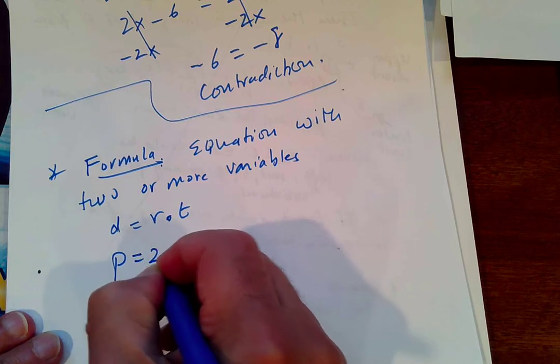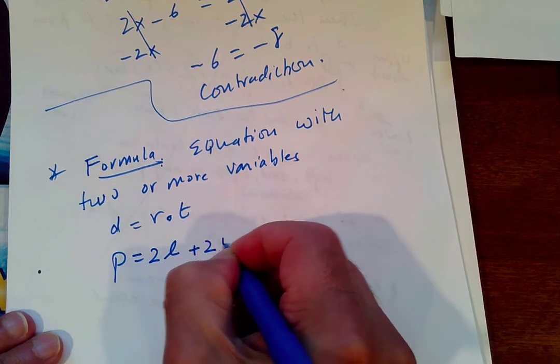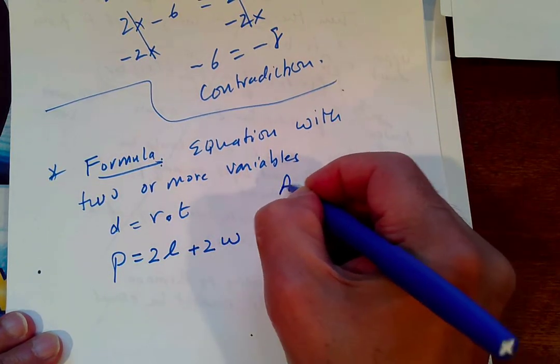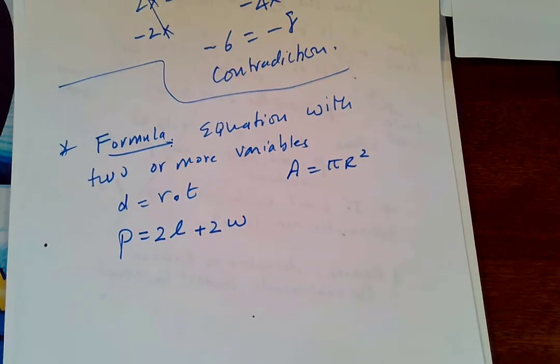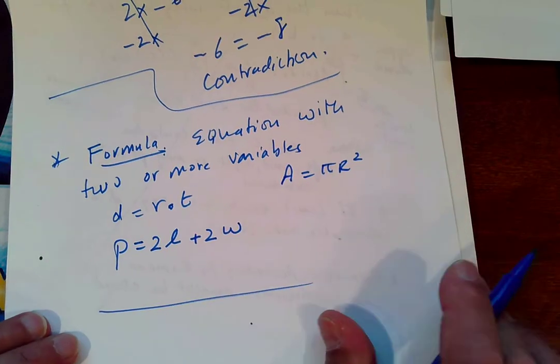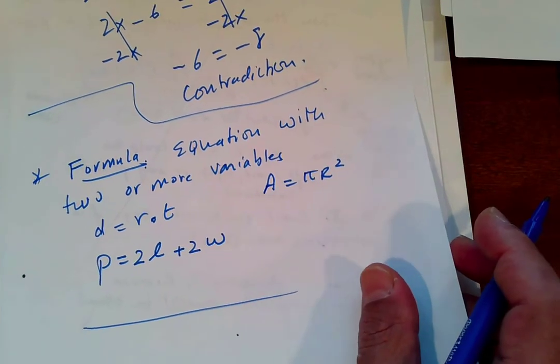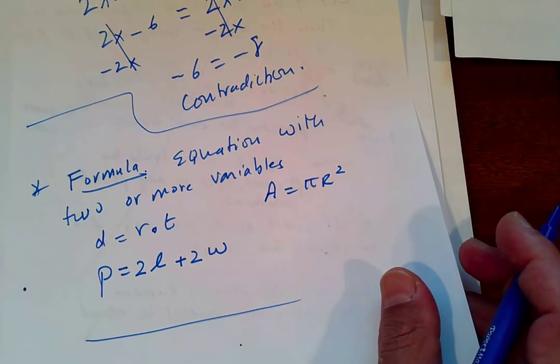Perimeter of a rectangle is twice the length plus twice the width. And area of a circle is pi r squared. You can see these are examples of formulas. Now when we say solve a formula for a specific variable, we mean to isolate that variable.